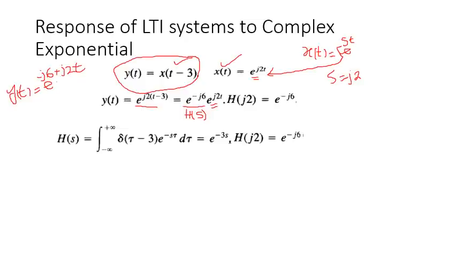So h of j2 equals e power minus j6. This is how you find it.